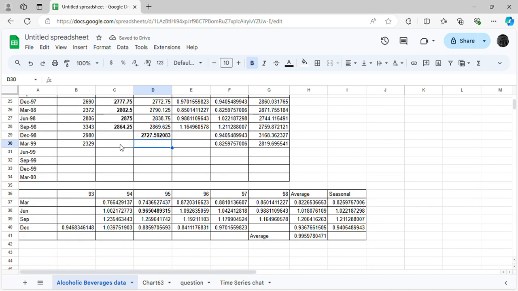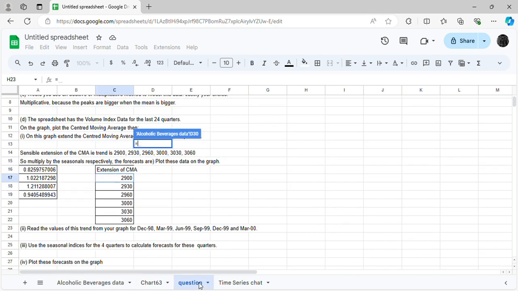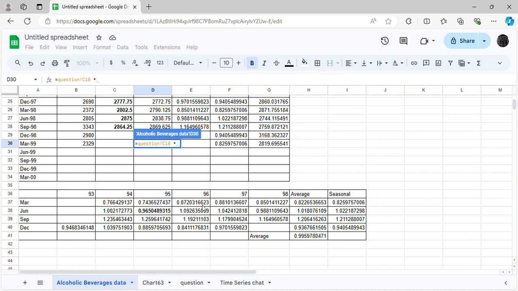Then for March 1999, that equals the estimate for March 1999 times the seasonal value for March.